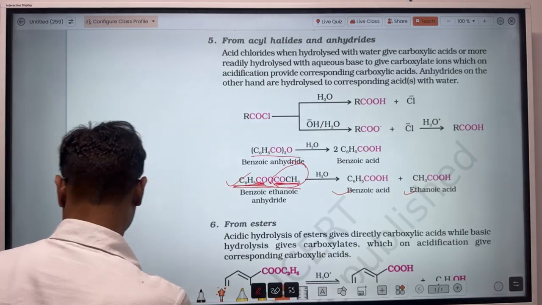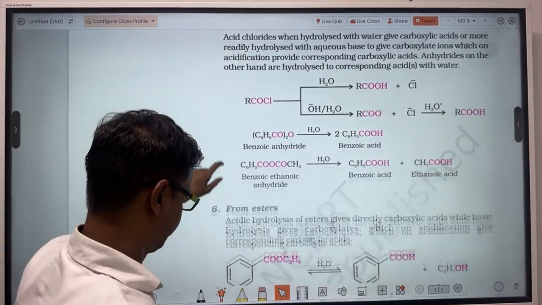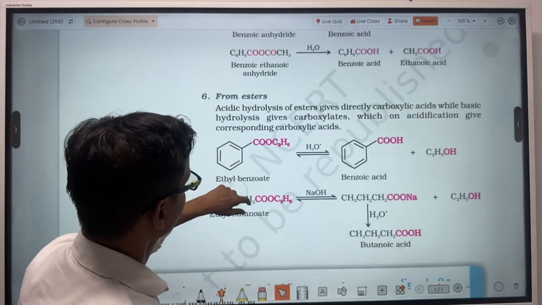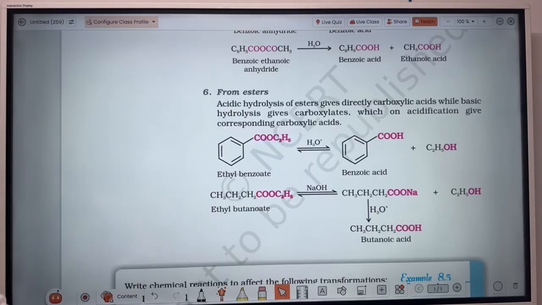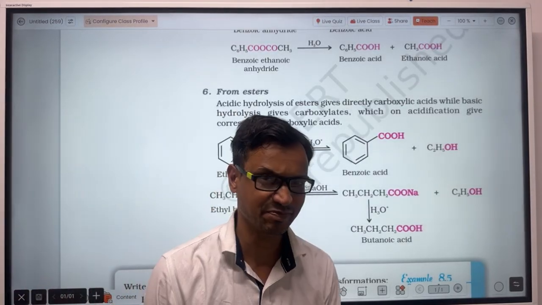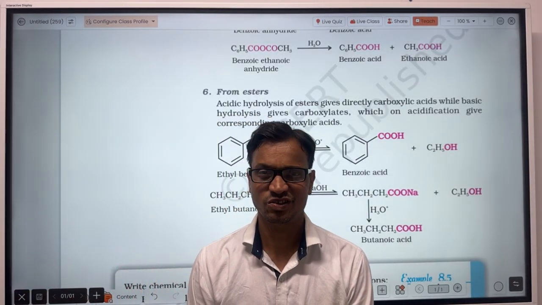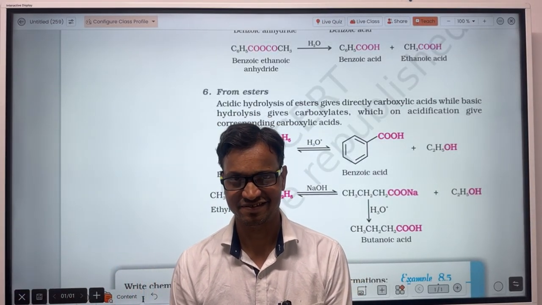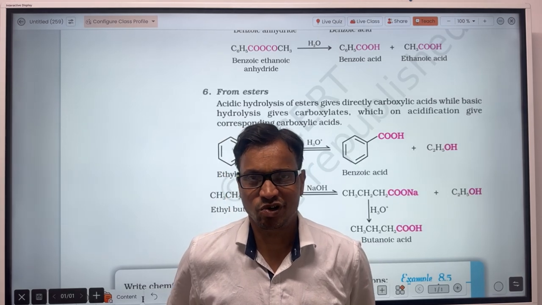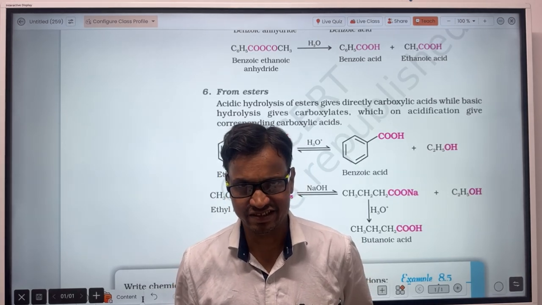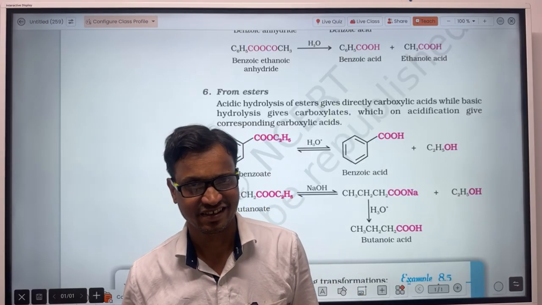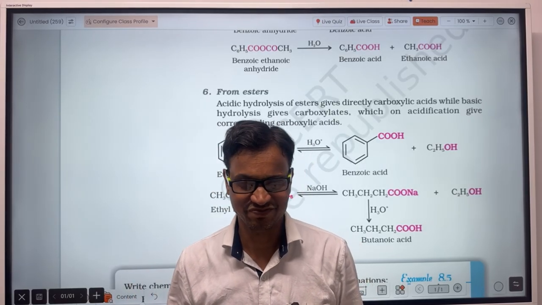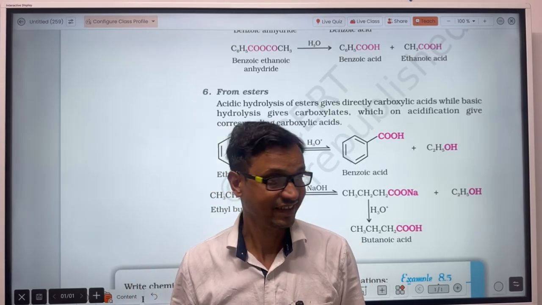Next, from ester. How is the ester formed? Recall the chapter on alcohols, phenols, and ethers. When the alcohol was combining with carboxylic acid, there was formation of ester, and during that course, water was released.